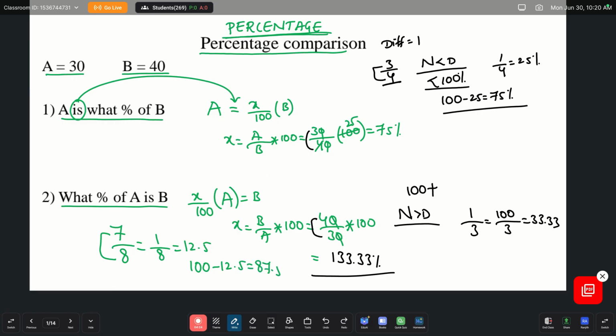Then directly we can write 7 by 8 as 87.5 percentage. 4 by 3 can be written as 133.33 and 3 by 4 can be written as 75 percentage. In this way we need to write. Okay.